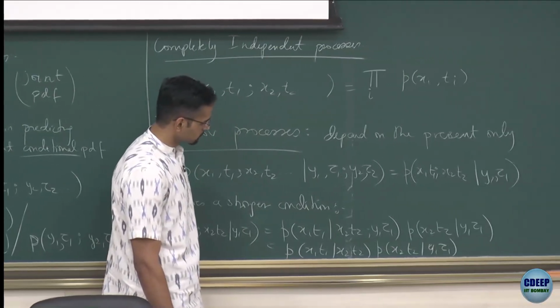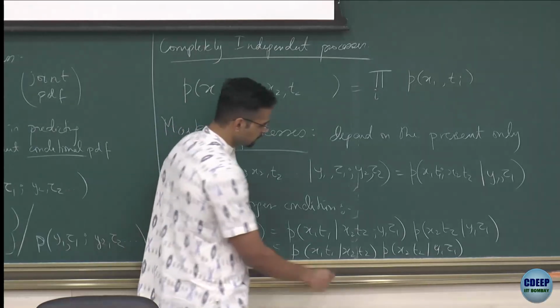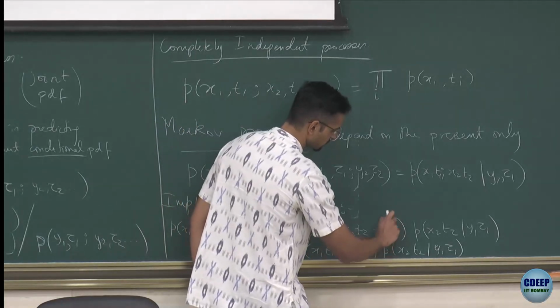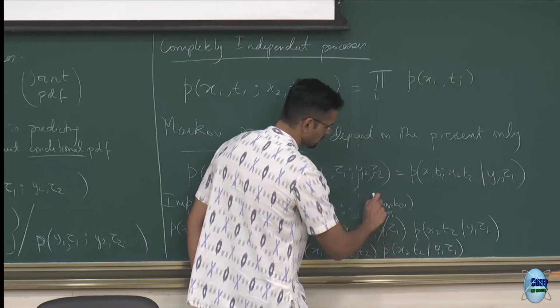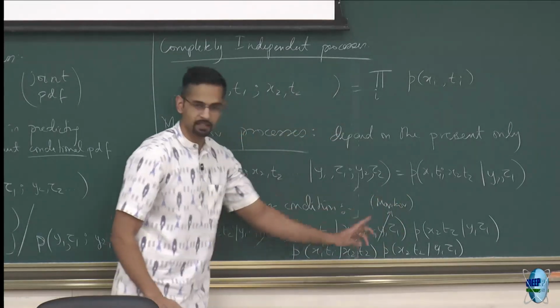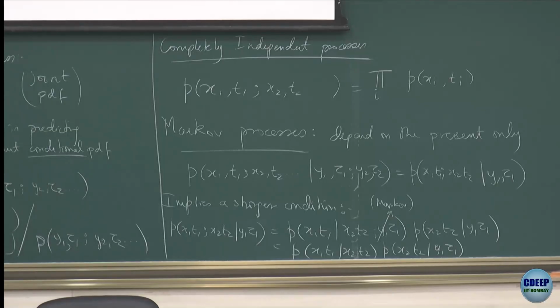Basically what I've done is this: because it's Markov, I can drop that by one tower, okay?